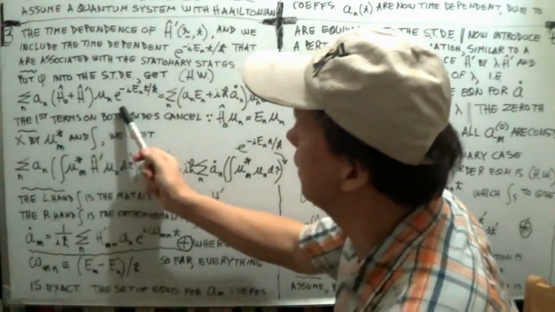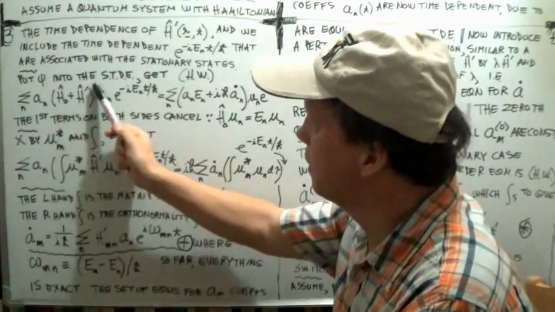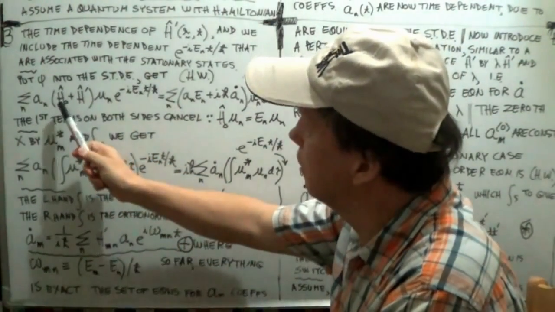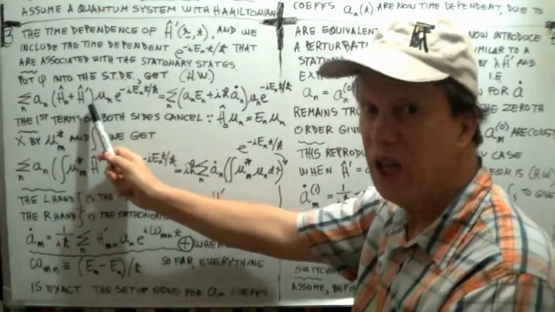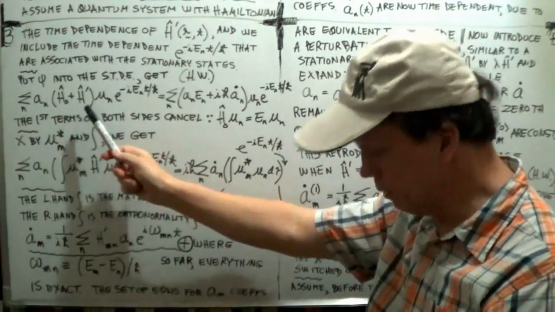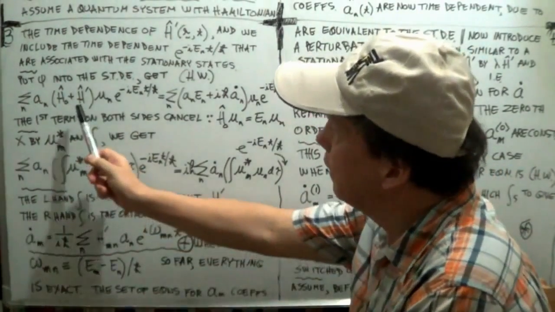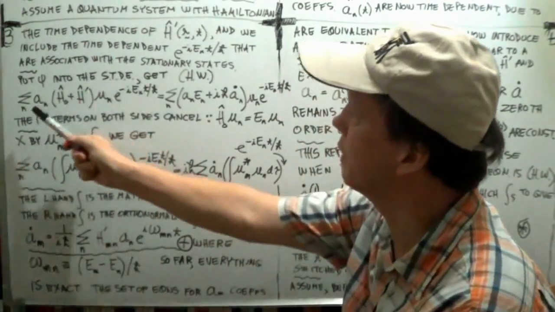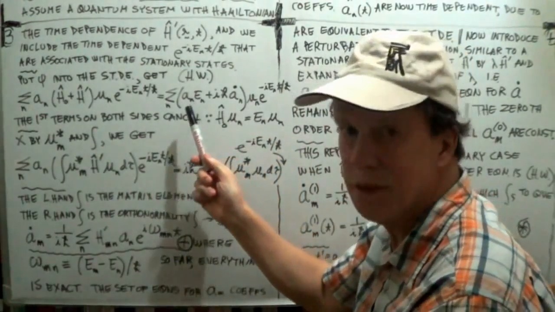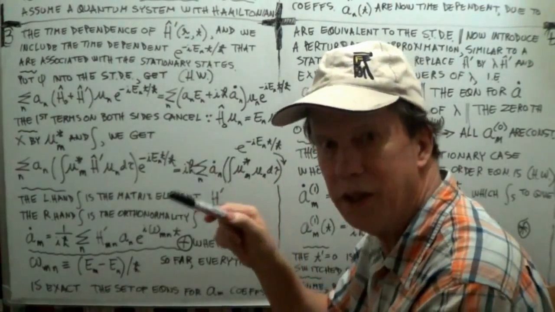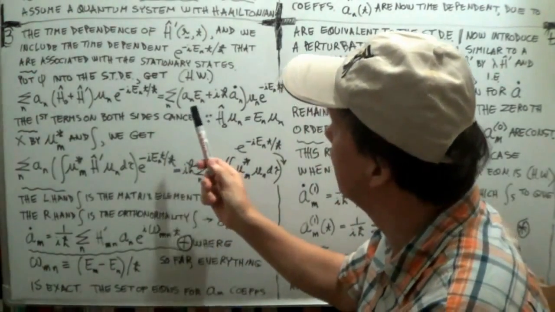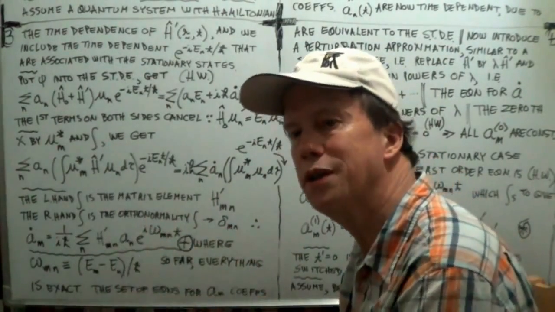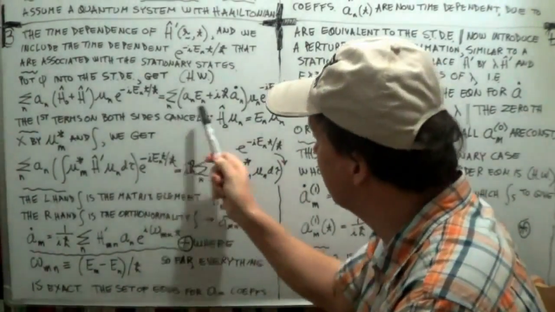So the left-hand side, this is your H, the total Hamiltonian, the unperturbed plus the perturbing Hamiltonian, acting on psi, and the right-hand side is equivalent to your i h bar d psi by dt. If you plug in the weighted sum expression for psi, you'll get this.